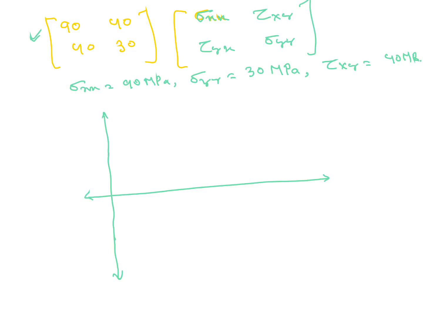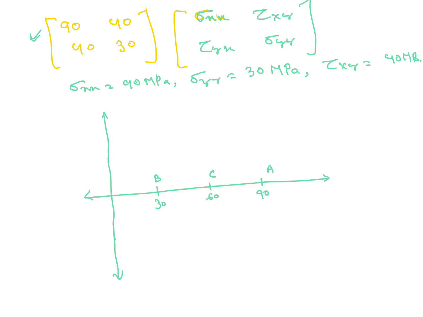First sigma xx, it's 90, then sigma yy, it's 30. Take the points A and B. The total AB is 60, so the midpoint is 30, take the point as center C. So BC is 30 MPa.